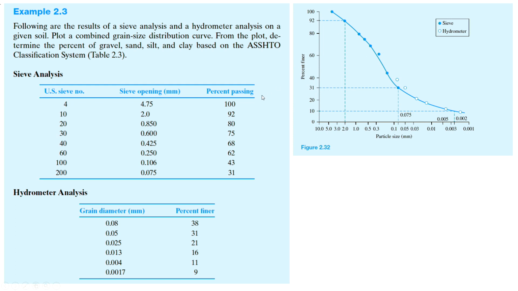What you need to do is just plot those points together. The left part of the points is from the sieve analysis, and the right part is from the hydrometer analysis. What you need to do is just connect them together.